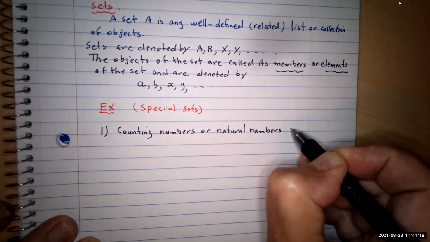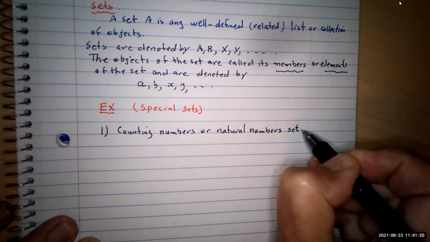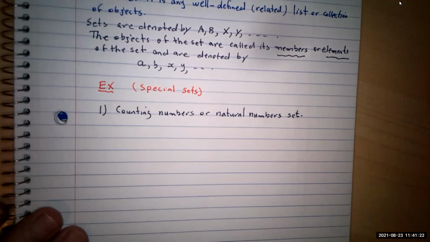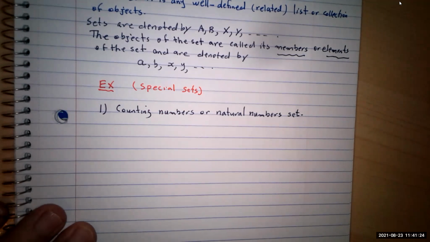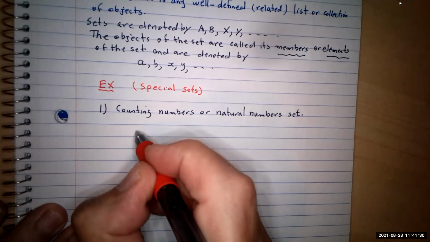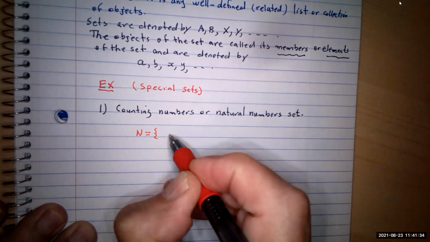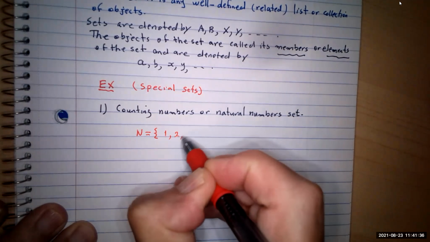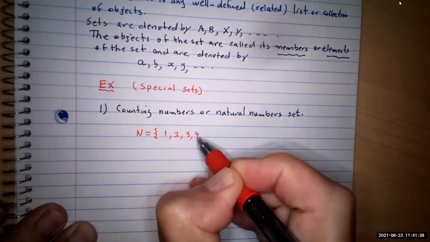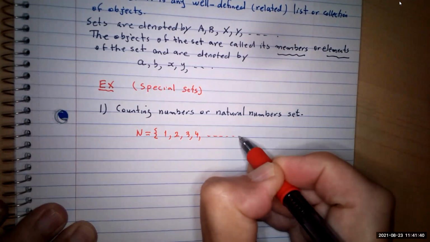Most of the time, this is going to be our main definition. This set would be denoted by N for the natural numbers, and it is the collection of the numbers 1, 2, 3, 4, etc.